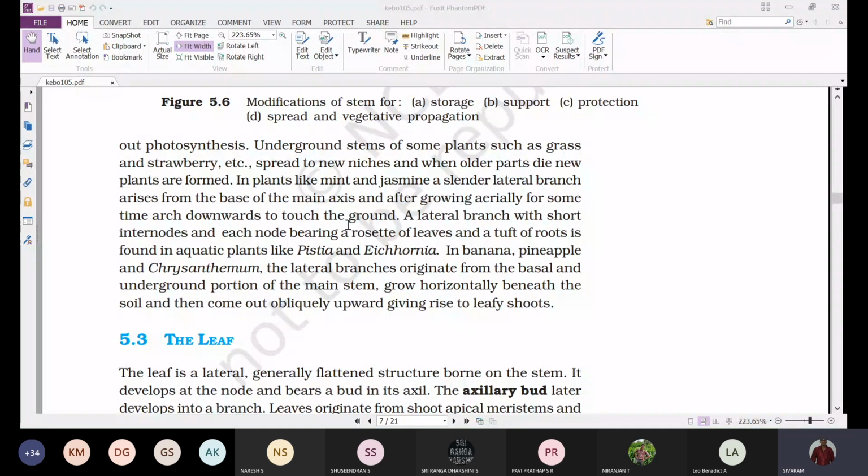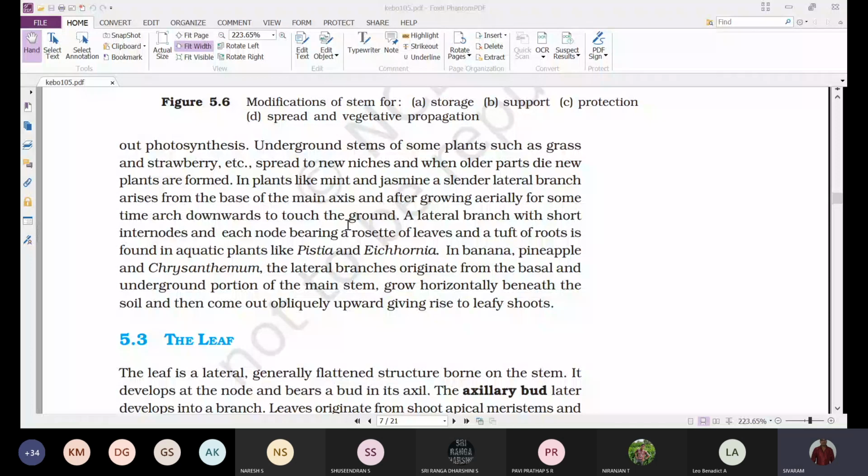That means at the portion which comes in contact with the soil, they readily form roots, and later they can develop into a new plant. Such structures we call stolons.